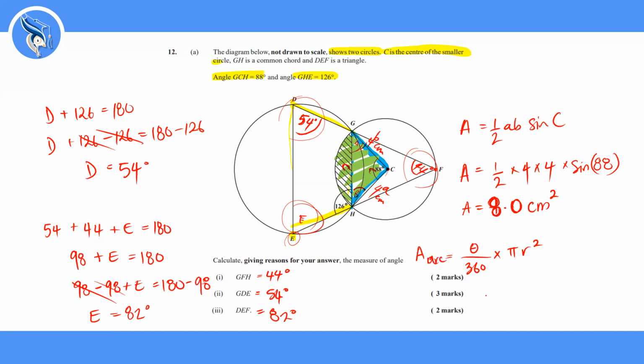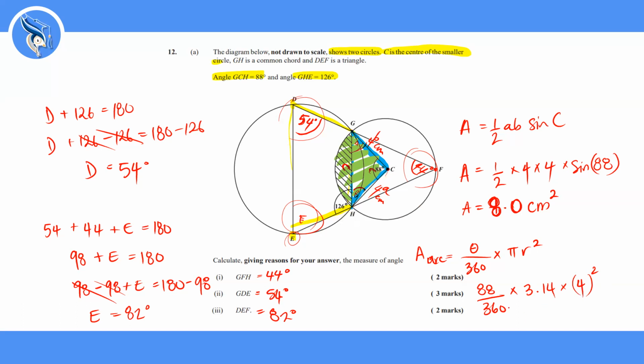So the degrees, 88 degrees out of 360, multiplied by 3.14, because I said that we should use that for pi, remember? And r is 4, so we need to do 4 squared. The radius is 4, right? Because GC is a radius. HC is also a radius. So whichever one you want to use, it's the same 4.